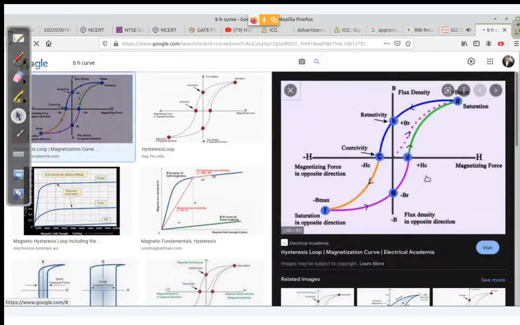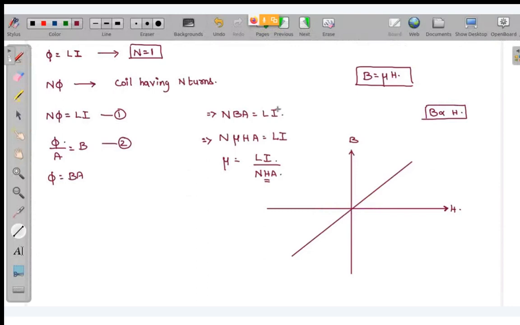So do we remember this or not? Do we remember this? Hopefully now you might be remembering. Now even this is very difficult for me to draw.